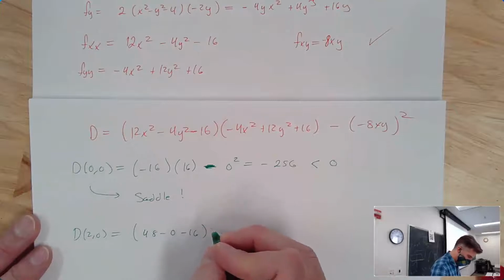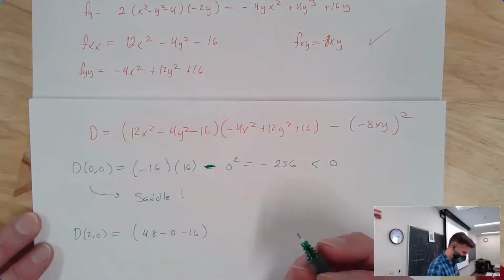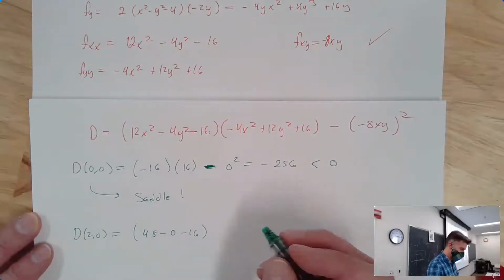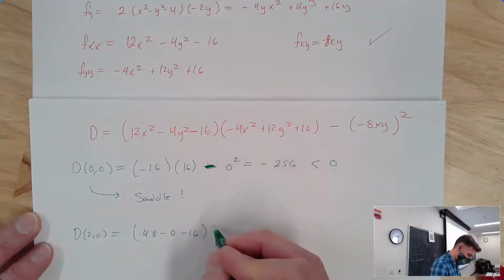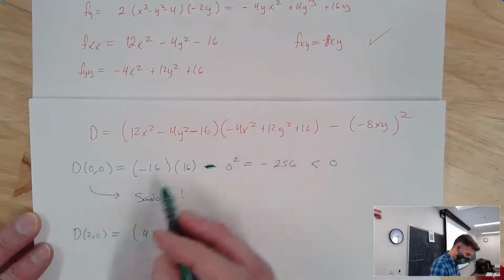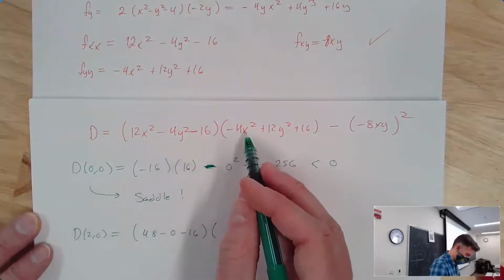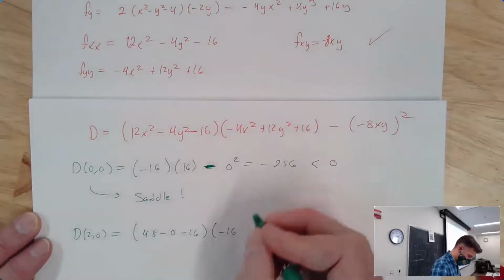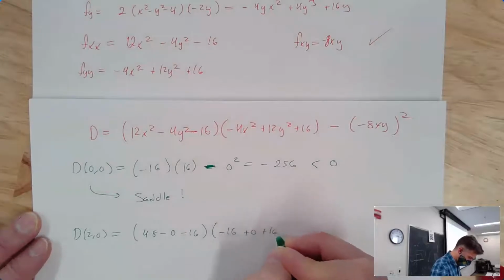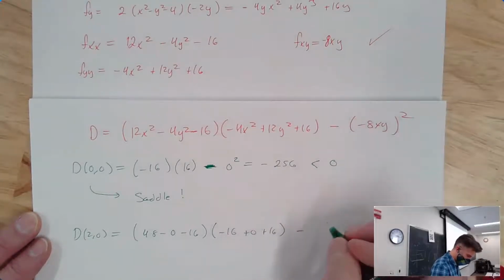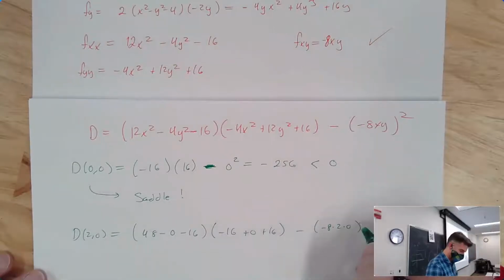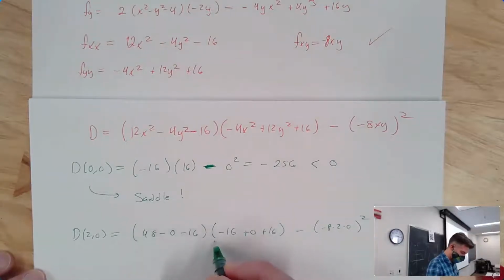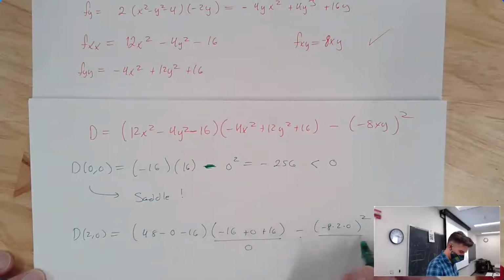We plug in 2, 0 here, I get negative 4 times 4, which is negative 16, plus 0, plus 16, minus negative 8 times 2 times 0. And we get 0, because this is something times 0, minus 0.